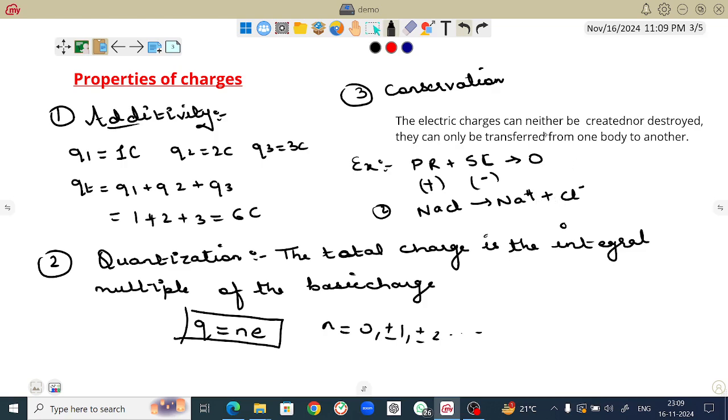That means the charge is neither created nor destroyed. I hope you understand all three properties of charges. The first property is that charges are additive in nature. The second is quantization of electric charge. And the third is conservation of charge. Now let's move to the next topic.